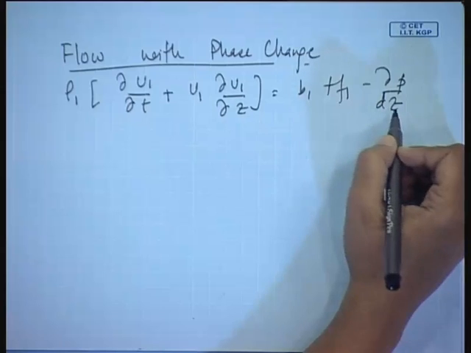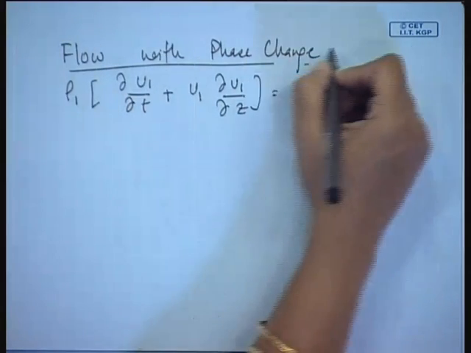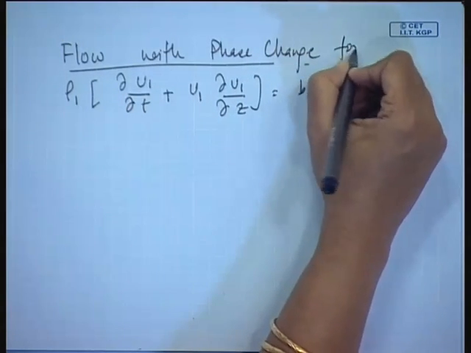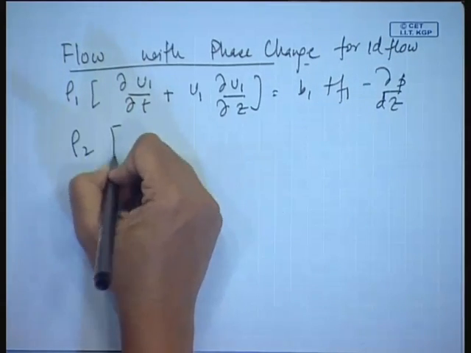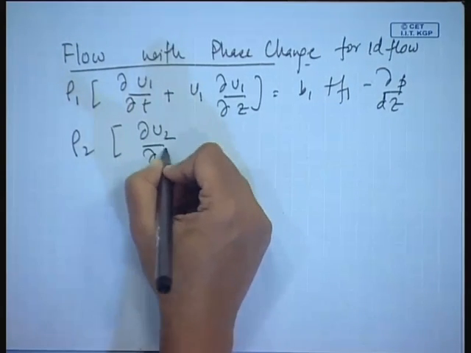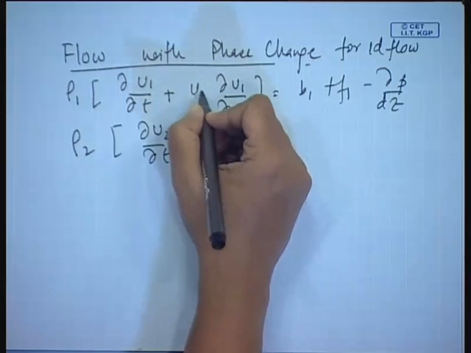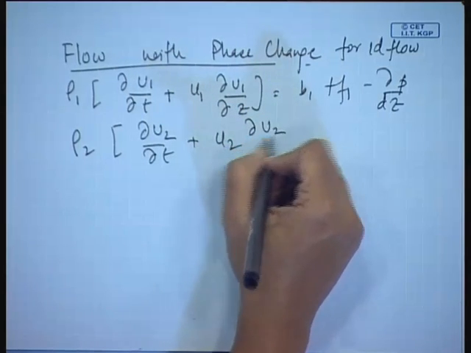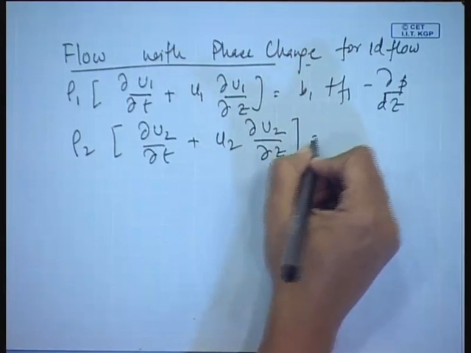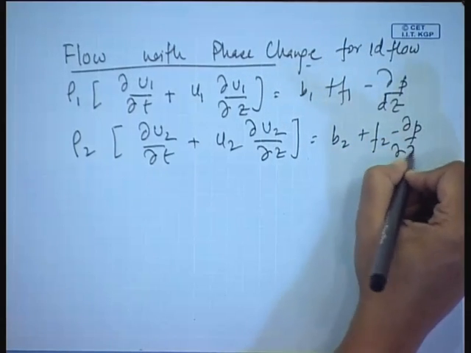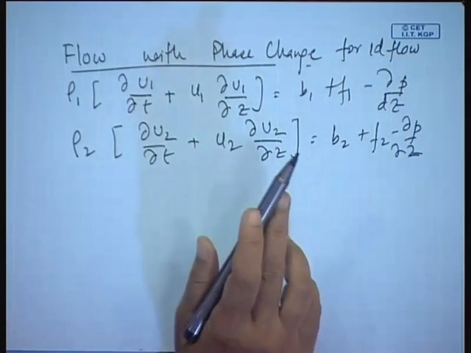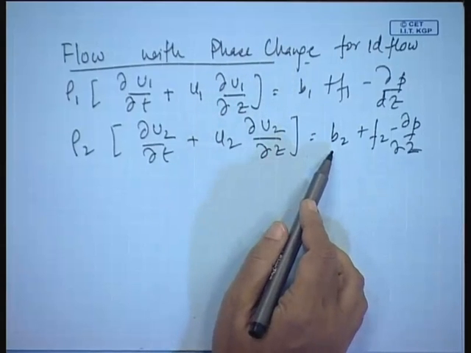So, this was the basic equation that we had written down for flow with phase change for one dimensional flows. And similarly, we had rho 2 del u2 del t plus u2 del u2 del z, equal to b2 plus f2 minus del p del z. At that time, I had told you b1, b2 are the body forces.